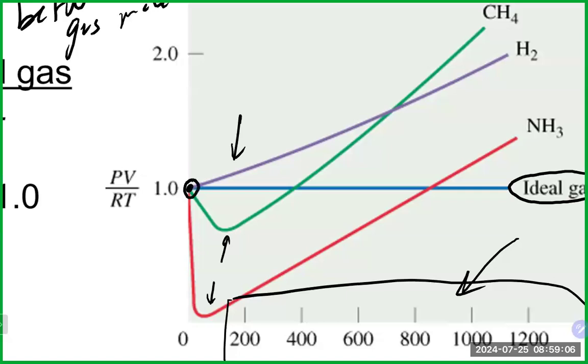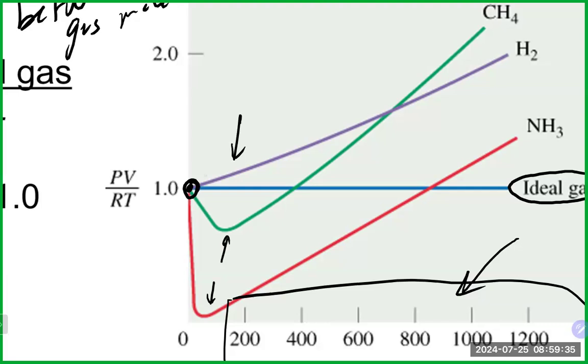Even a little bit higher than 1 atmosphere, it's way less than 100 atmospheres or 200 atmospheres. Even in those conditions, those lines are not deviating all that much from the ideal situation. So even at slightly higher than 1 atmosphere and the normal conditions, we can still apply the ideal gas law.